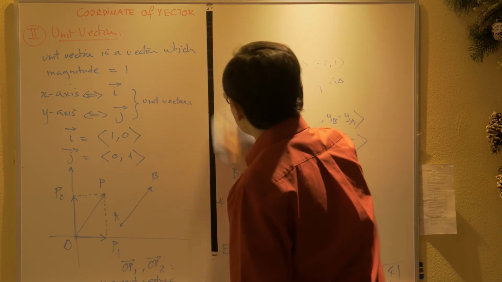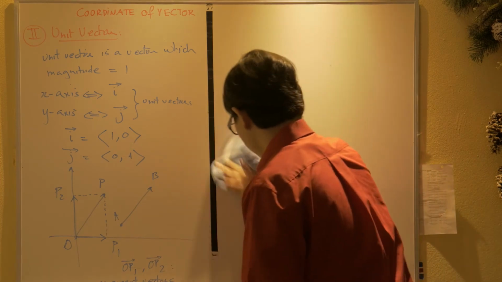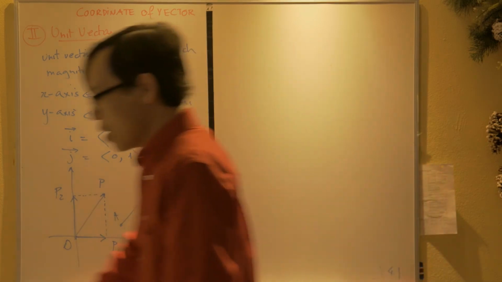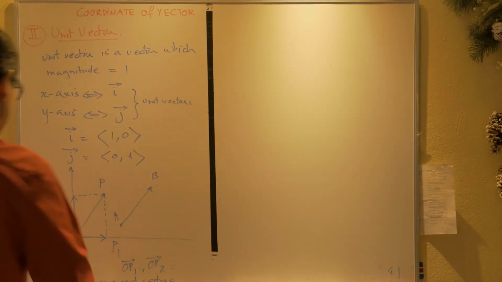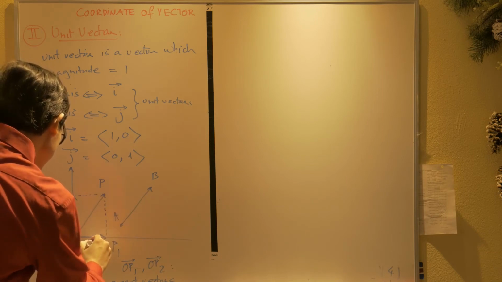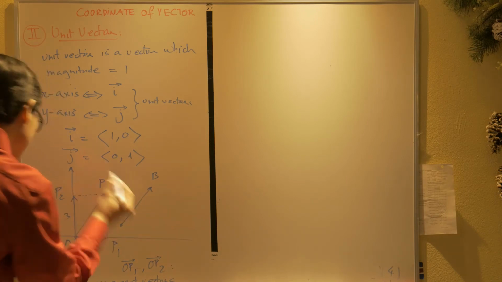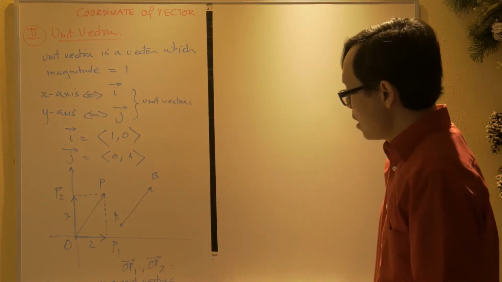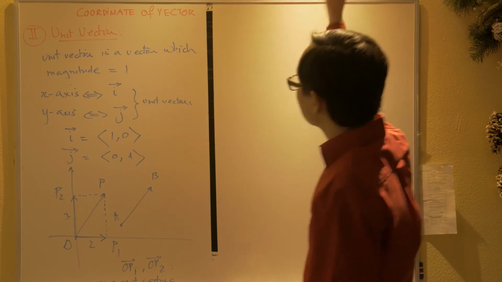So what is the coordinate of that? Well, because my whiteboard doesn't have the grid, I'll just say maybe this is 2 units and this is 3 units. Then the component vectors have coordinates.